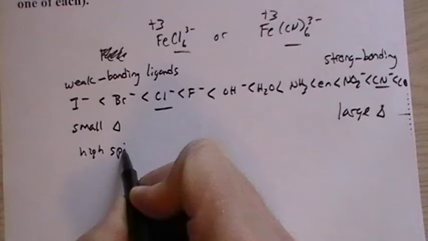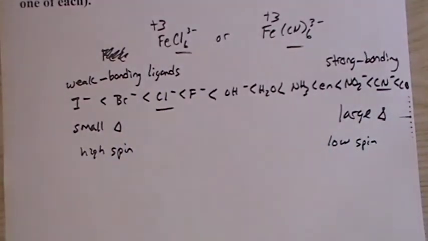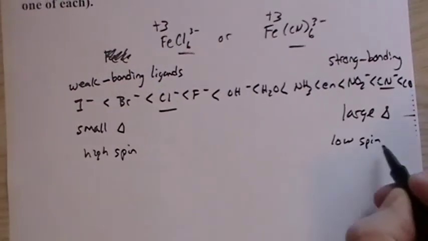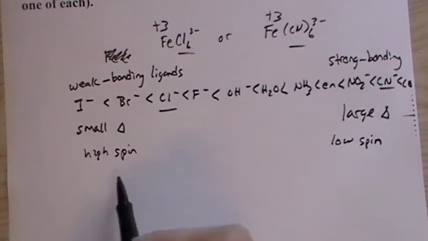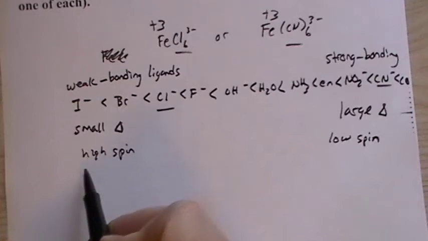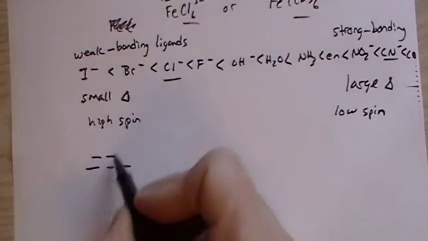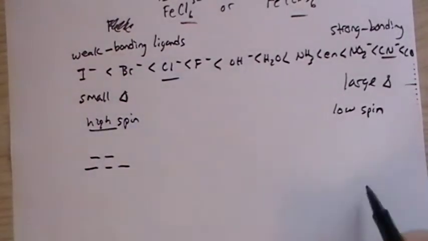And this is the one thing that gets students. I know every time I do it, and I've taught this every semester regularly for 12 years, and almost 20 years total, when I see high spin and small delta, I have to stop and think about that. When it's small delta, when it's really close together, that means we can separate the electrons, so that would be high spin.